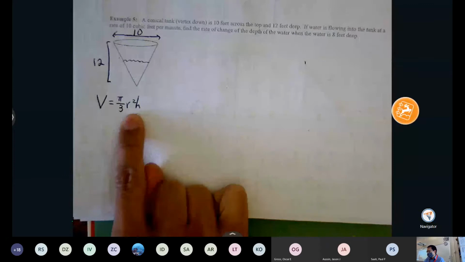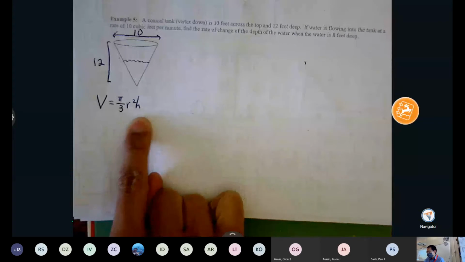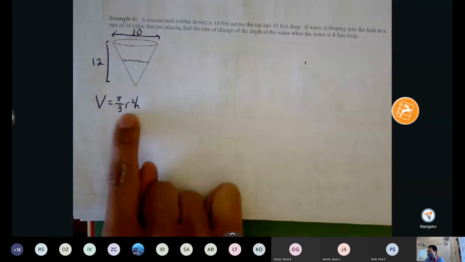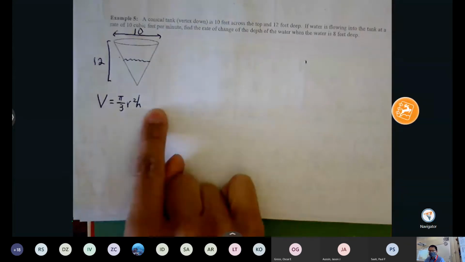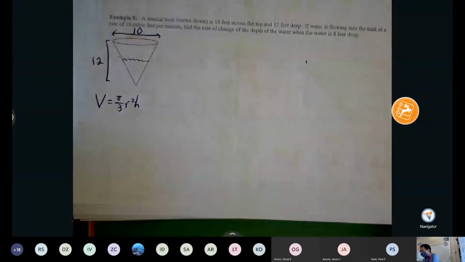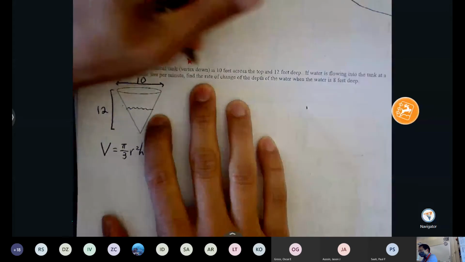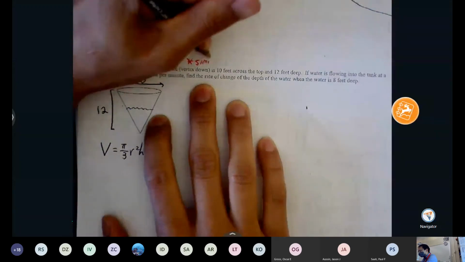But we can't just merge them like what we see here, because these are 2 different variables. So what if we can figure out what that relationship is between these 2 variables? Then I can substitute one in for the other. And that relationship is going to be found by using similar triangles. So you guys can write this down here.